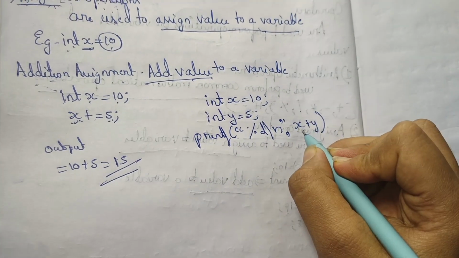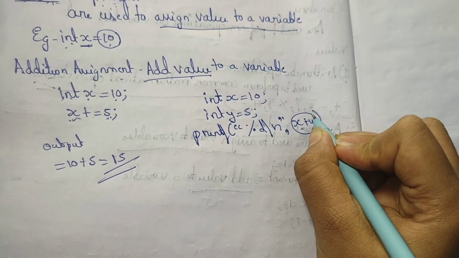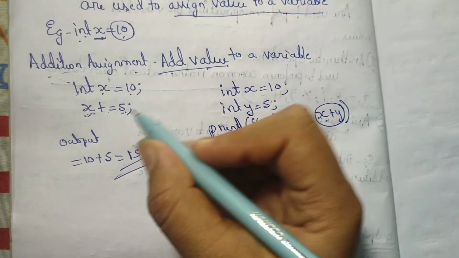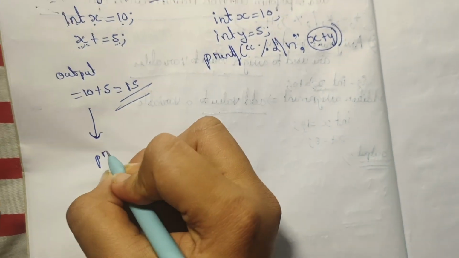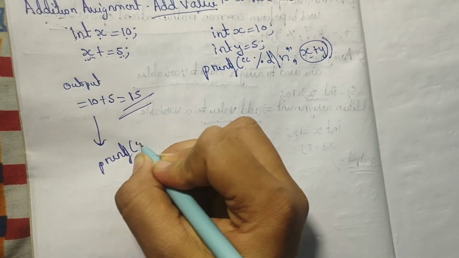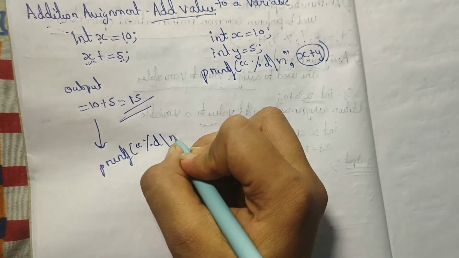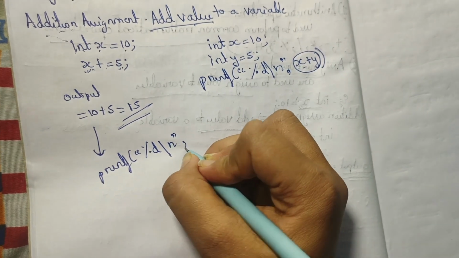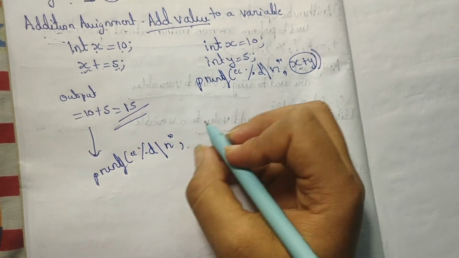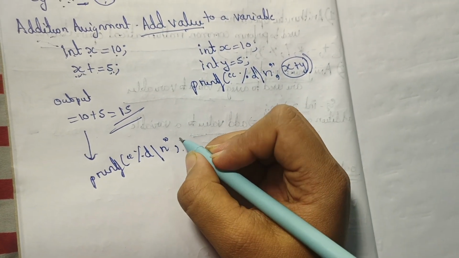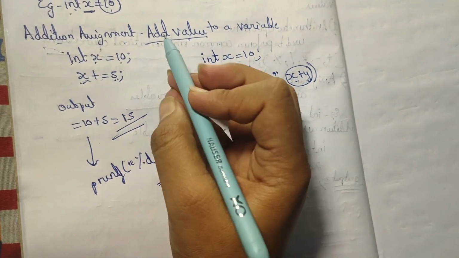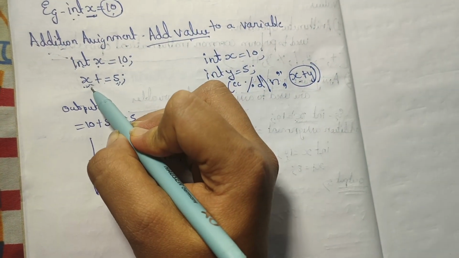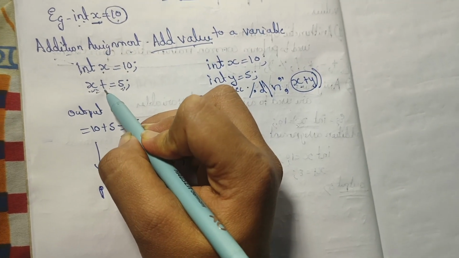Here you have to perform the sum operation. But in this particular case, no need to declare anything. If you just write printf("%d\n", x), it will print the output, because you already added the value to the variable by using addition assignment.